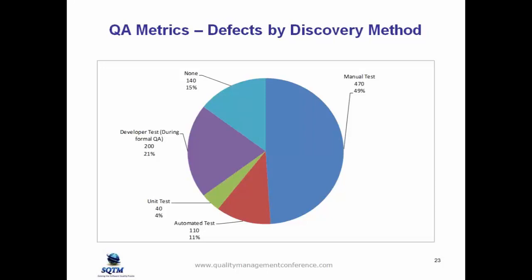We've got 11% that was found by an automated test script. We've got 4% found by use cases or unit test cases, and we have 21% that were found by a developer who was testing during QA, and then we have 15% that have none.